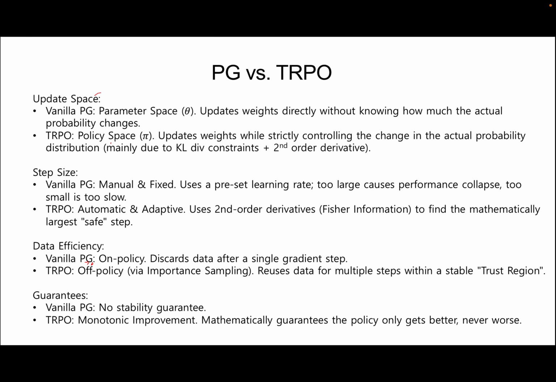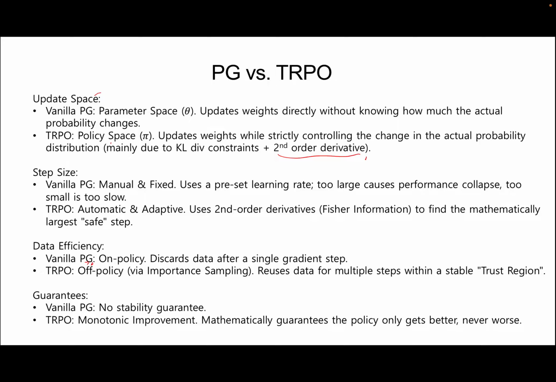So TRPO is good, but as we always do, we learn something, there is some problem, and we learn something new. TRPO actually has some problems, and that becomes the motivation for PPO. PPO is theoretically almost the same as TRPO, but the second order derivative is too expensive. It takes too long in practice.